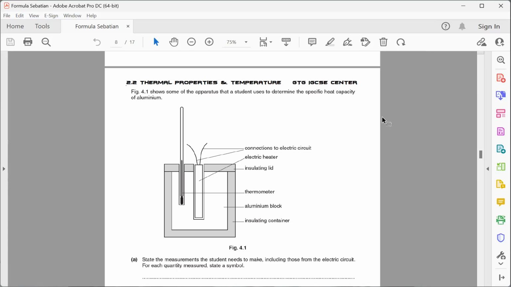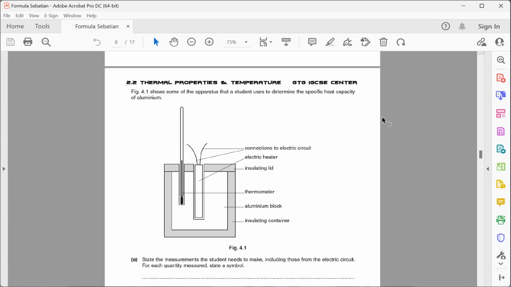When you play with these three things, pressure, volume, and temperature, if the temperature is constant, an increase in pressure is going to decrease the volume. If the volume is constant, an increase in temperature is going to increase your pressure.